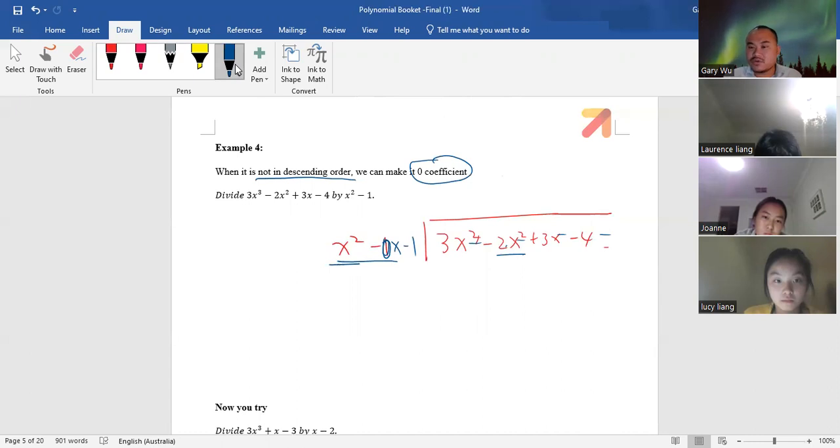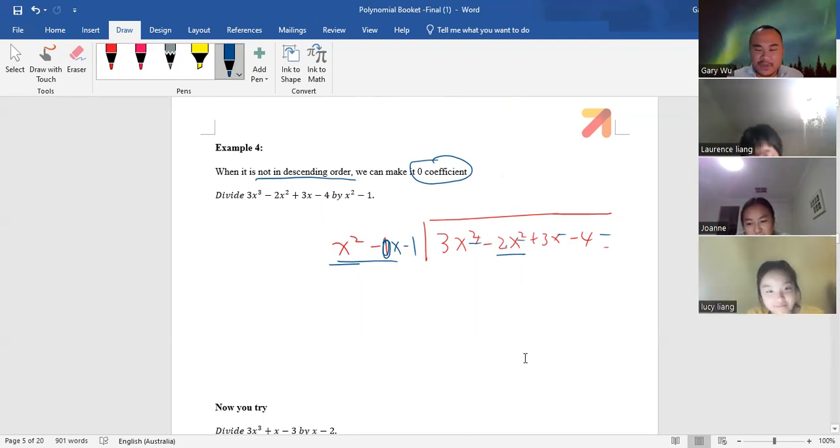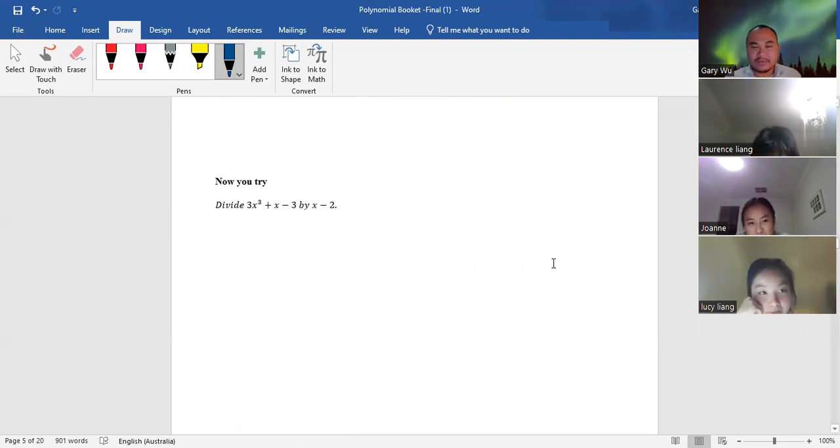Because minus 0x doesn't mean anything. It just means minus 0. Does it make sense? Lucy, what does that face mean? Yes or no? Does it make sense or not? No? Okay, maybe let's start with this one. This one is a little bit easier.